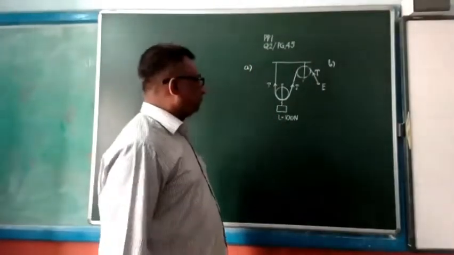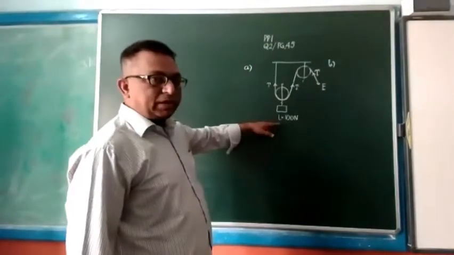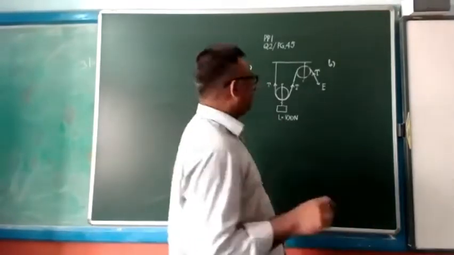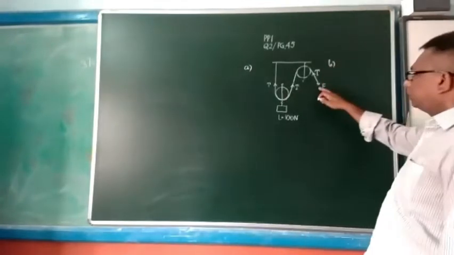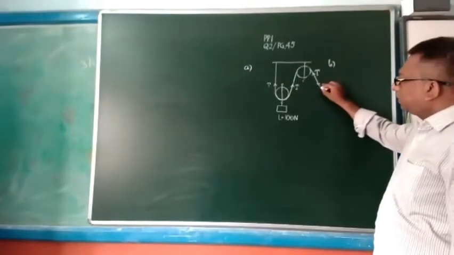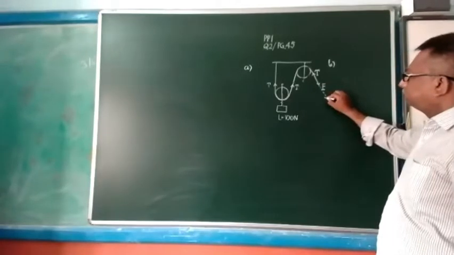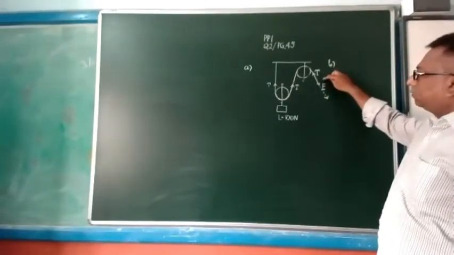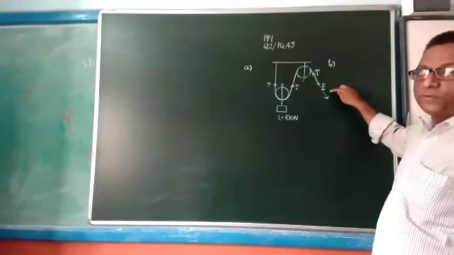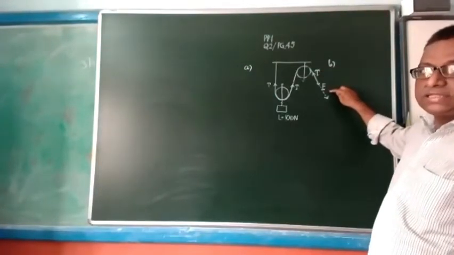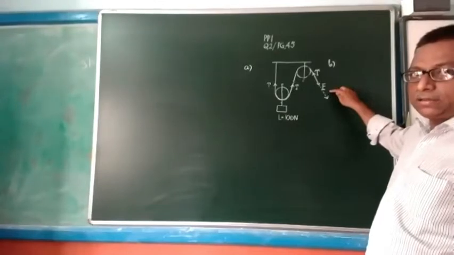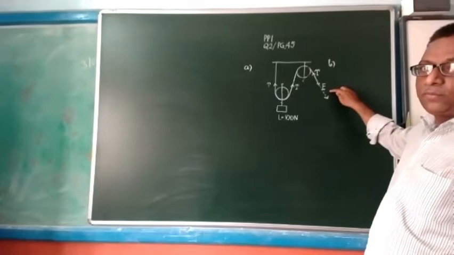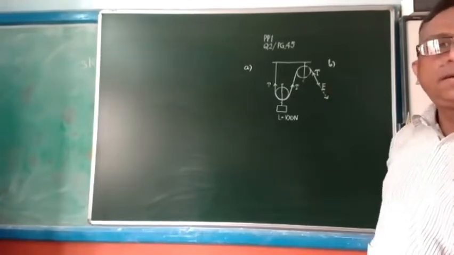From this diagram, it is very clear that T and E, look here, at this end, you are observing that both are equal and opposite forces. Tension and effort are forming a couple.